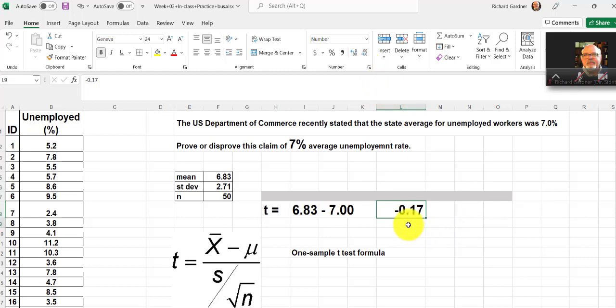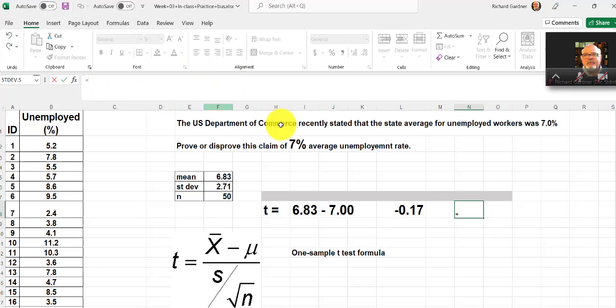Thank you. And then the denominator is going to be our standard deviation. I'll put equals. Our standard deviation is that cell. And I'm going to divide it by the square root of 50, which is roughly 7.1. So I'm just going to use 7.1 as the square root of 50.